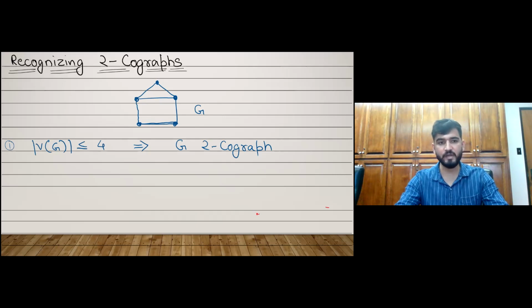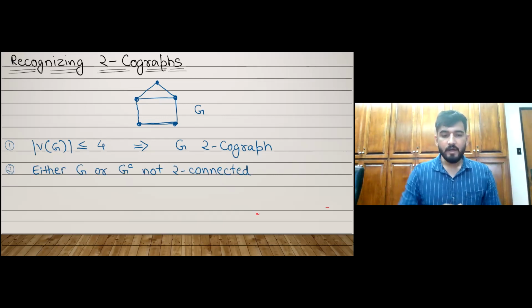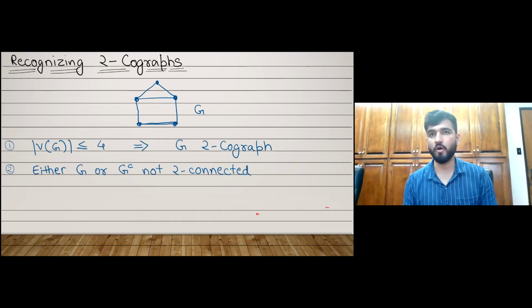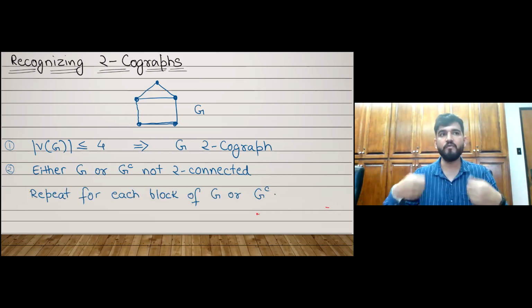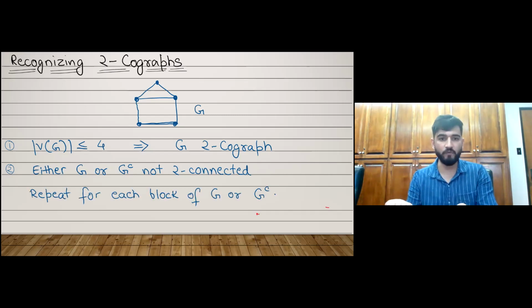If the number of vertices is at most 4, then G is a two-cograph. And if not, then we look at G and G complement. Either one of them is not two-connected, because if both are, then you have an induced subgraph such that both the induced subgraph and its complement are two-connected, so not a two-cograph. So either one of them is not two-connected. Then you find the block decomposition of the one which is not two-connected and repeat this process for every block.